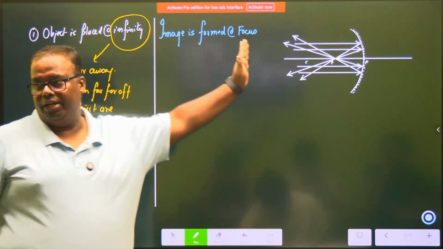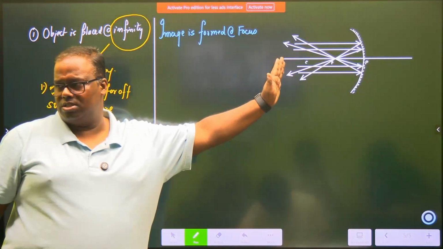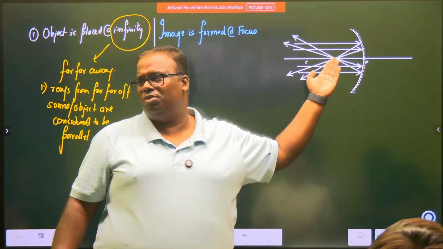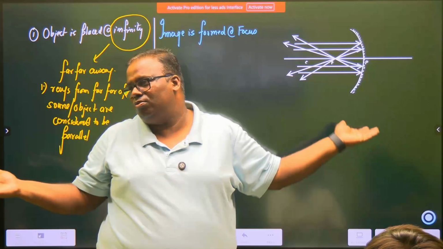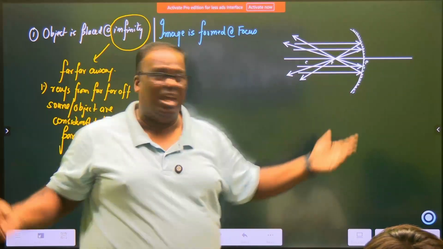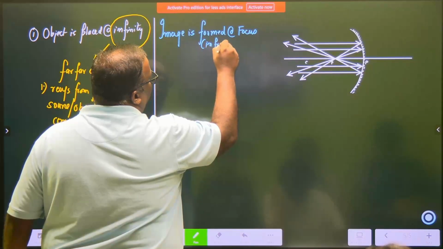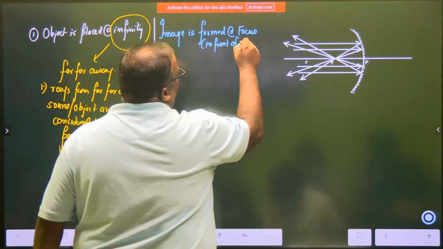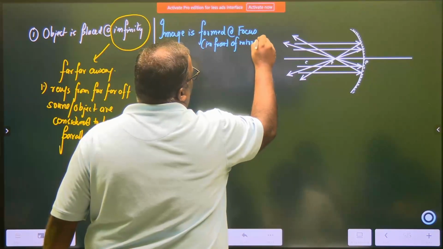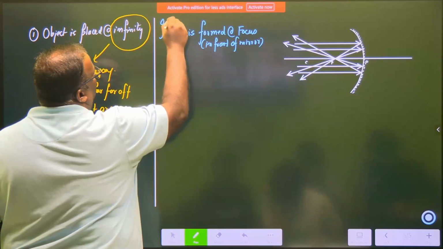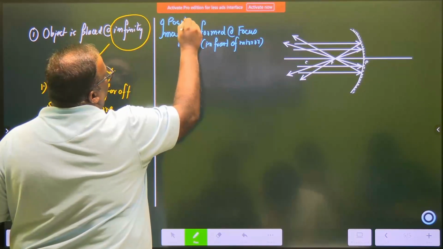Position we have declared. Where is the image? Focus. And you did not say in front of the mirror because focus is always in front of the mirror for it. If you want more clarity, you can write here in front of mirror. So this is all about my position.